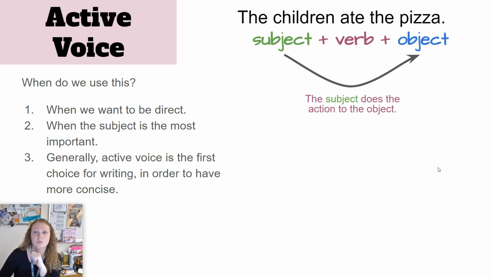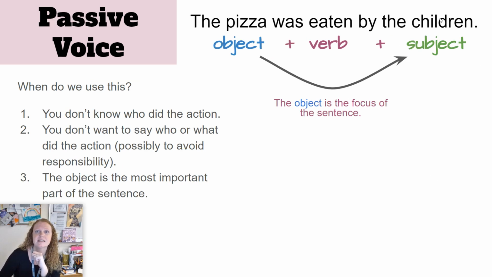It's very direct. When we look at the sentence in passive voice, it's a lot longer now, wordier. Though we can actually leave out the subject if we want to. We can leave out the by the children, and then it gets shorter again. But the pizza is the subject now. That's the focus of the sentence, and was eaten has a version of the verb to be, now paired with eaten.